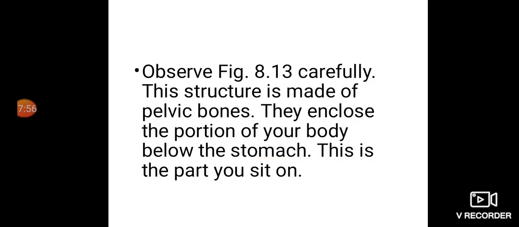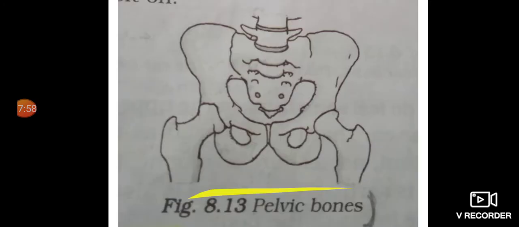Now, observe figure 8.13 carefully. This structure is made up of pelvic bones. What type of bones? Pelvic bones, and they enclose the portion of your body below the stomach.